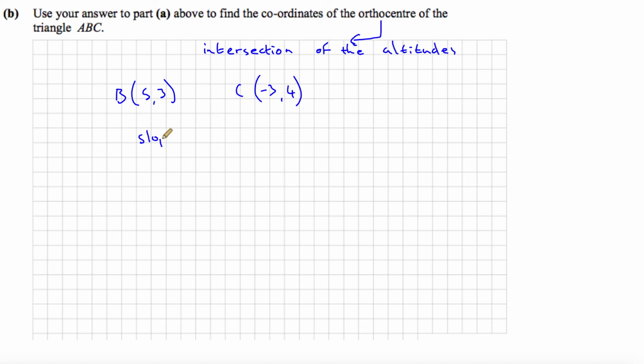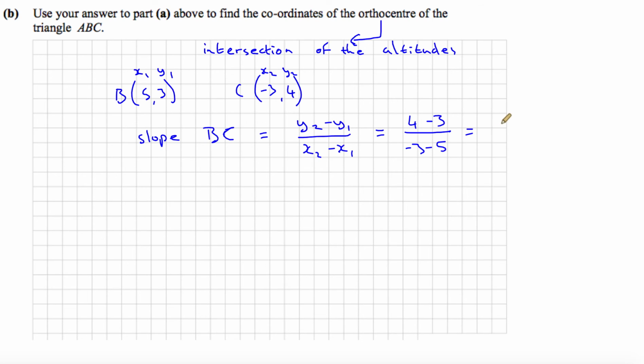So the slope of BC is equal to y2 minus y1 over x2 minus x1. If I call this x1, y1, and this x2, y2, and substitute those in, that's going to be 4 minus 3 over minus 3 minus 5.